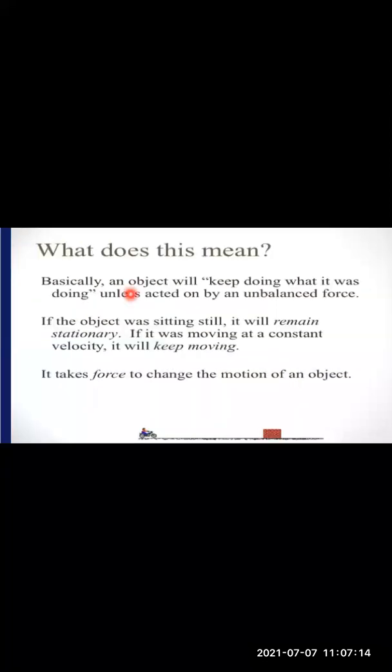Basically, an object will keep doing what it was doing unless it is acted upon by an unbalanced force. If the object was sitting still, it will remain stationary. If it was moving at constant velocity, it will keep moving. It takes force to change the motion of the object.